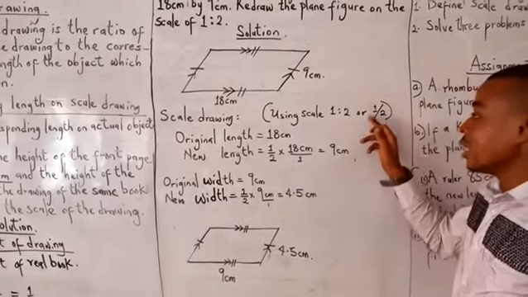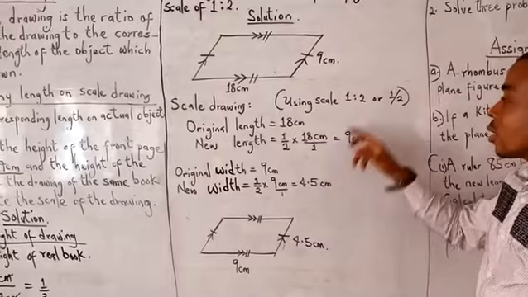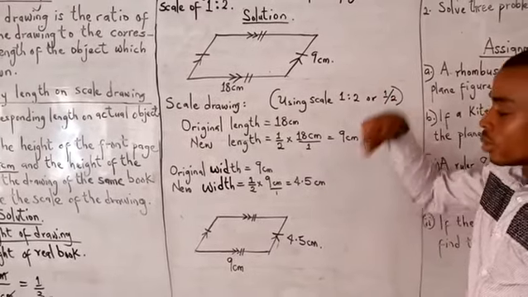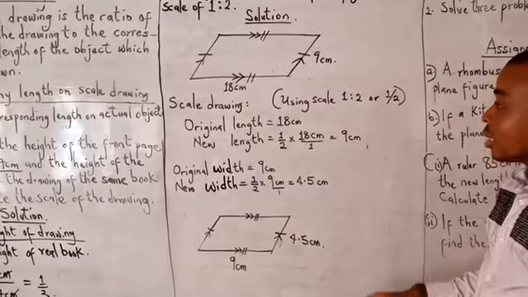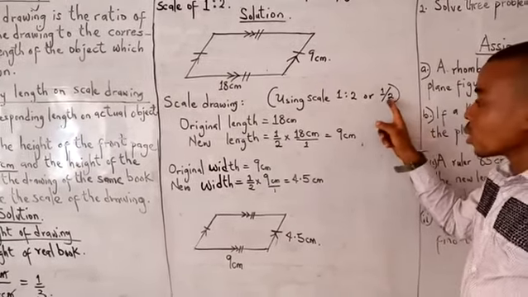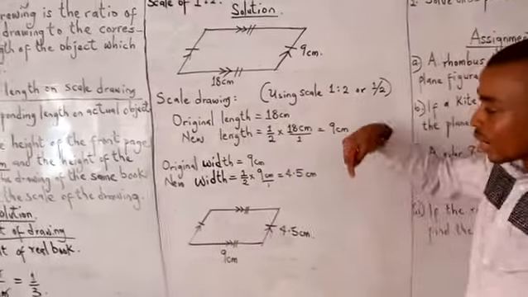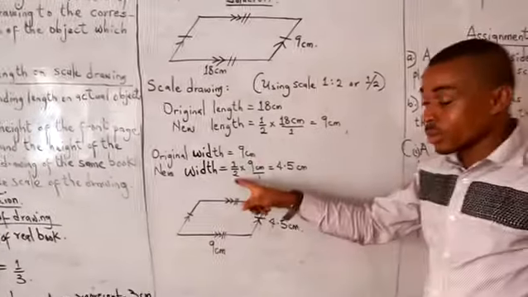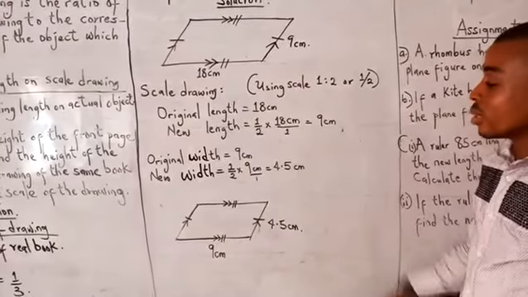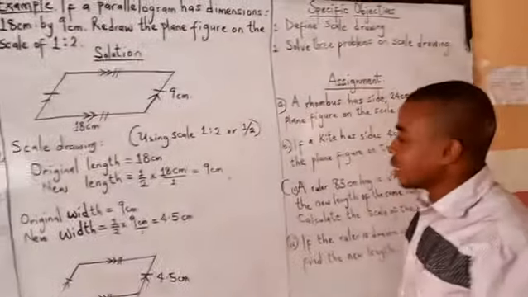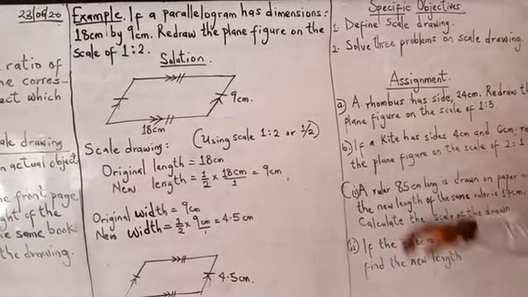Once again, if you are given the original length and the scale and you're asked to calculate the new width, you can do that. All right. So far, so good. I believe the lesson is clear enough.